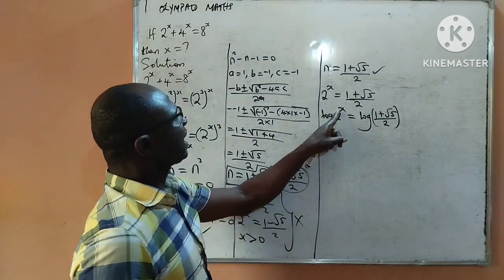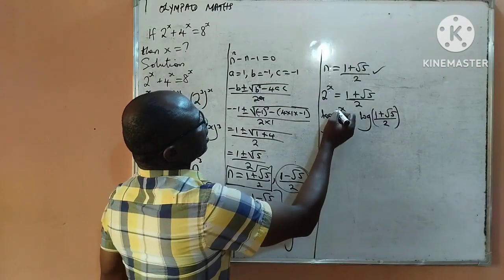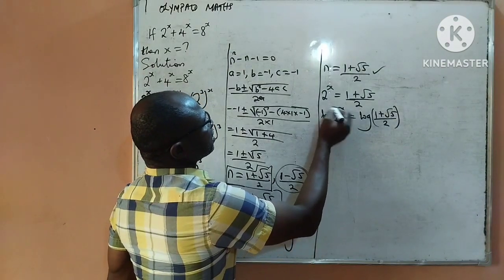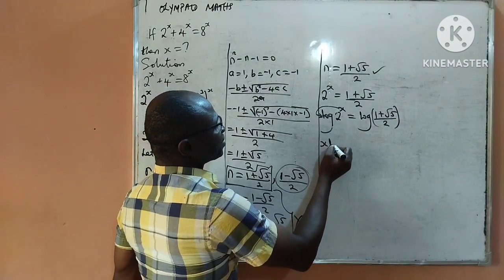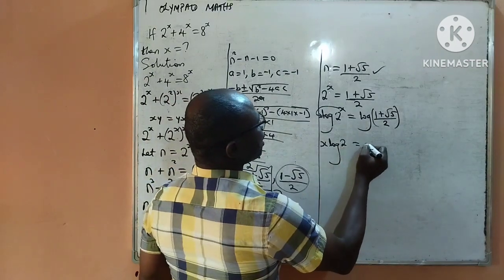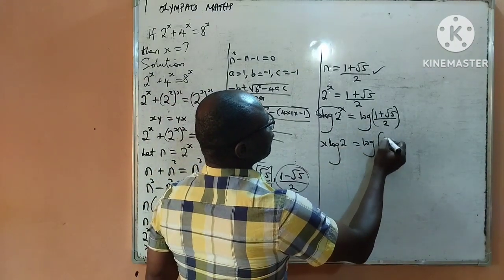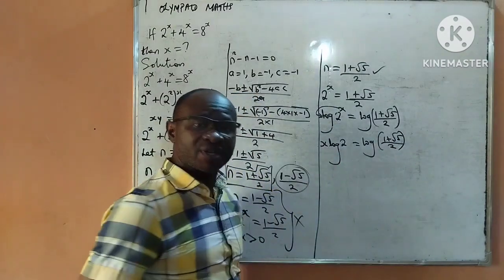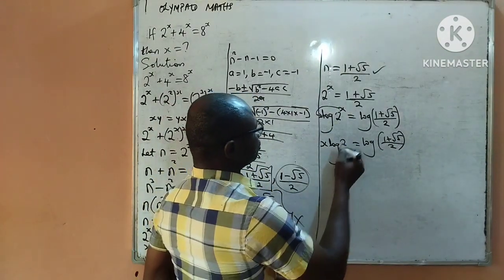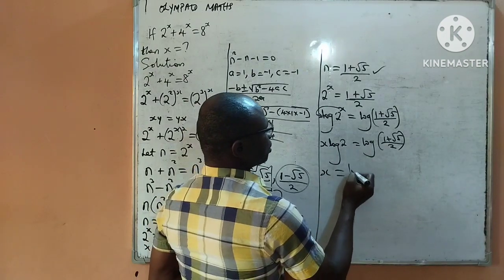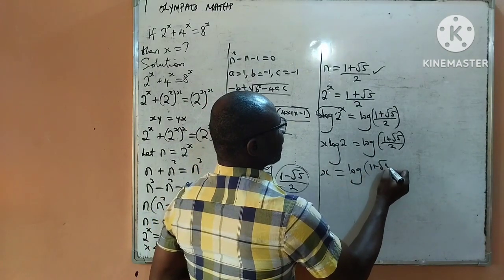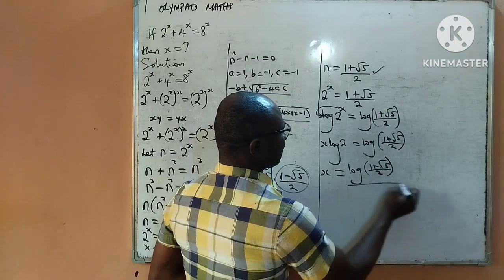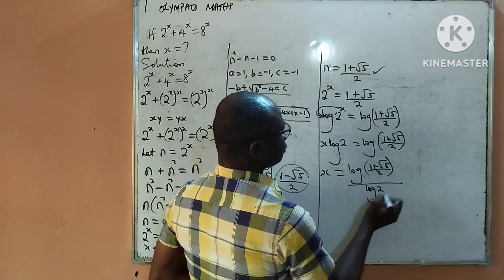Now, applying the law of logarithms, this x will come to the front to give me x times log of 2 equal to the log of 1 plus root 5 over 2. Good. Dividing both sides by log 2, that will give me x is equal to log of 1 plus root 5 over 2, divided by the log of 2.